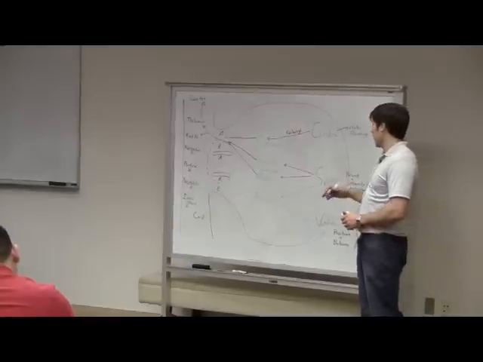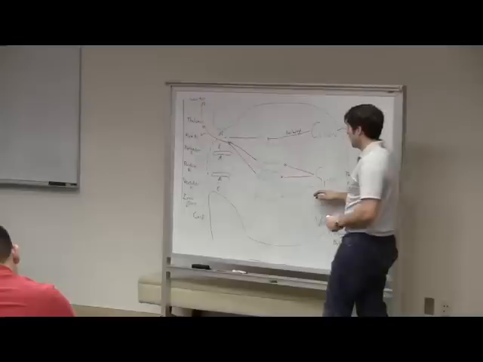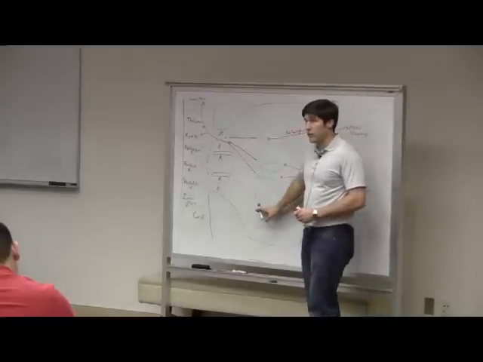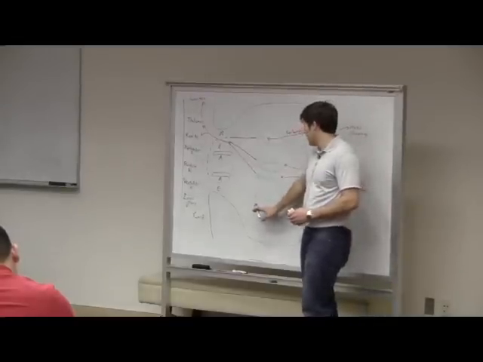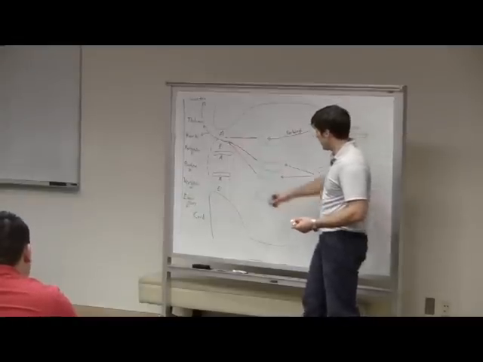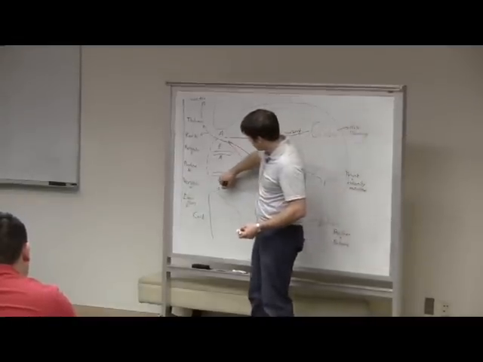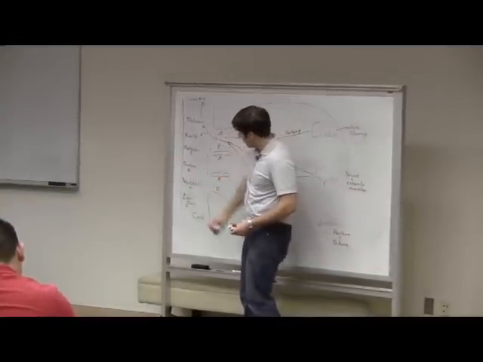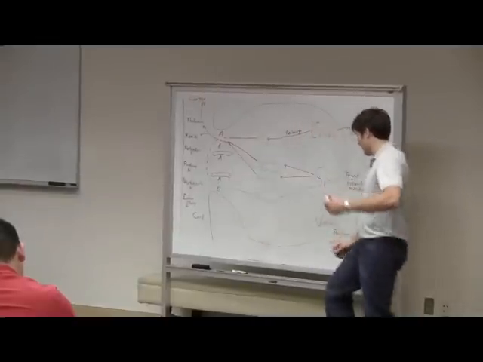Any information that leaves the spinocerebellum and goes to the fastigial deep cerebellar nuclei is going to be vestibular information. It's going to go through the inferior cerebellar peduncle to the vestibular nucleus.